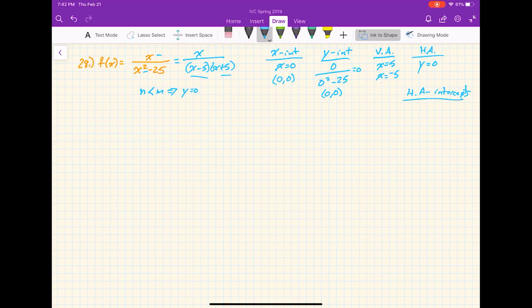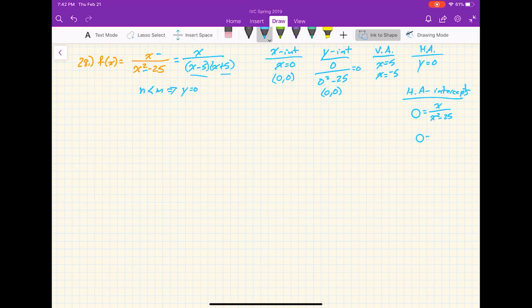We just make x over x squared minus 25 equal to 0, and that's going to make 0 equal x. So yes, we have an intercept, and it is at 0, 0, same as all of our other intercepts.